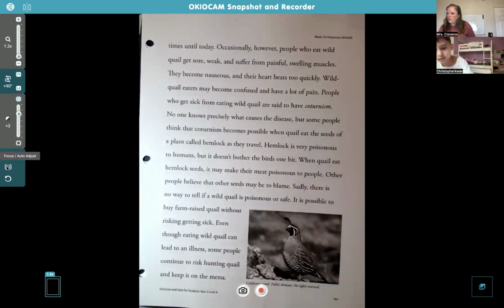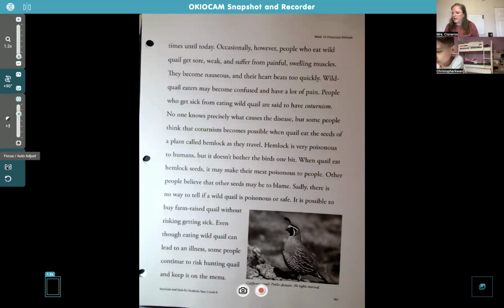Coturnism. No one knows precisely what causes the disease, but some people think that coturnism comes possibly when quail eat the seeds of a plant called hemlock as they travel. Hemlock is very poisonous to humans, but it doesn't bother the birds one bit. When quail eat hemlock seeds, it may make their meat poisonous to people.